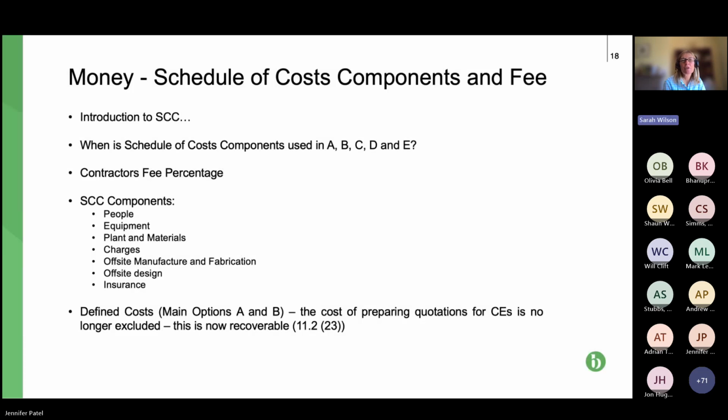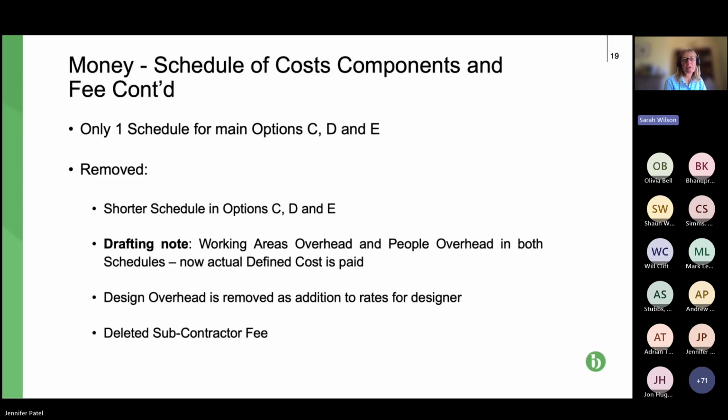Okay, so looking at the schedule of cost components and the changes. So this is just a summary of the schedule of cost components. I think we'll just move on to the next slide.